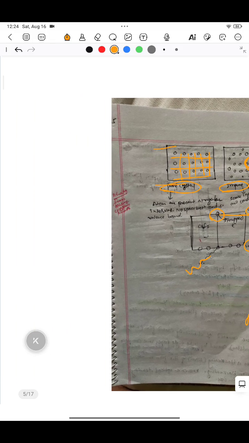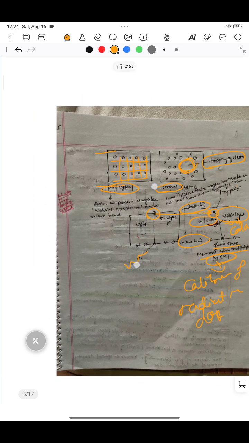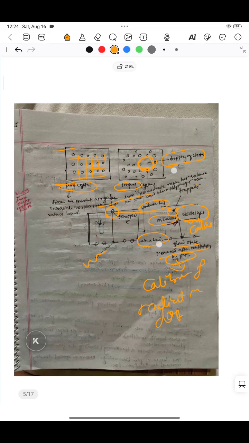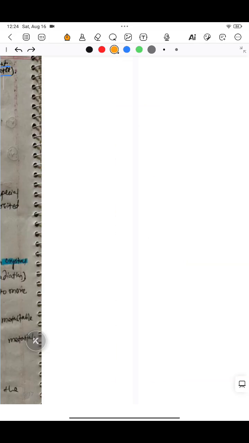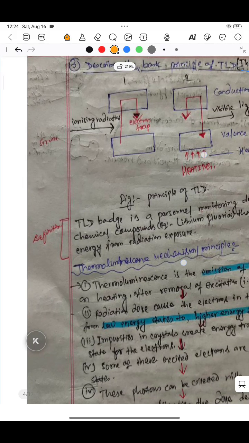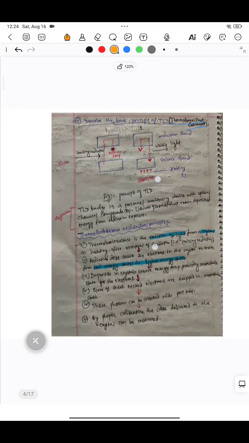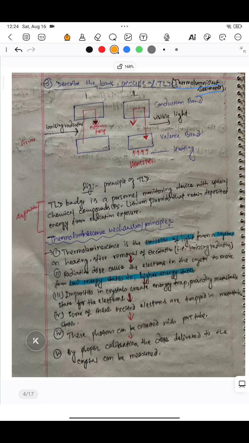Before that, now let's move to the previous one. Now we can see ionizing radiation means the photon. Here is the conduction band, and this one is the valence band as usual.